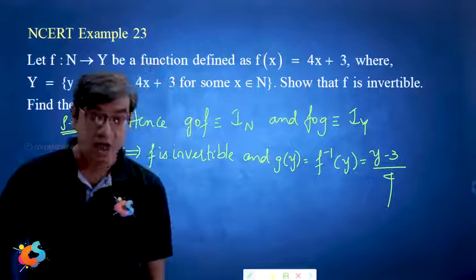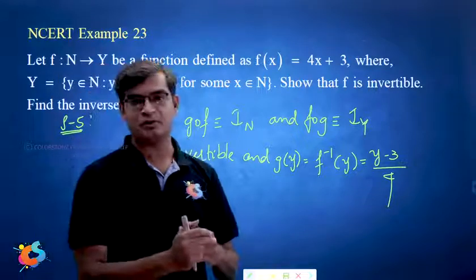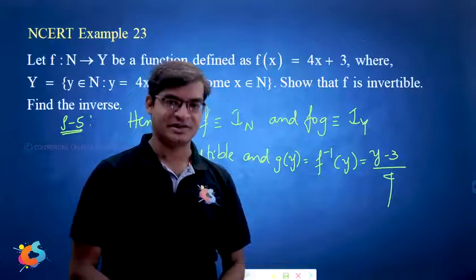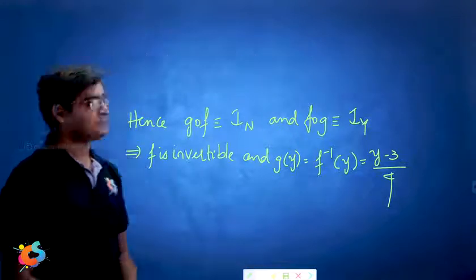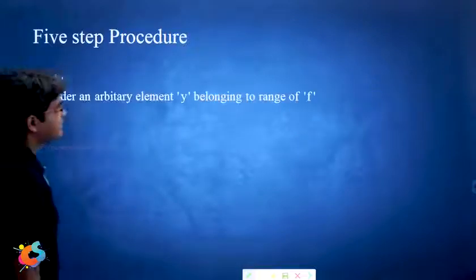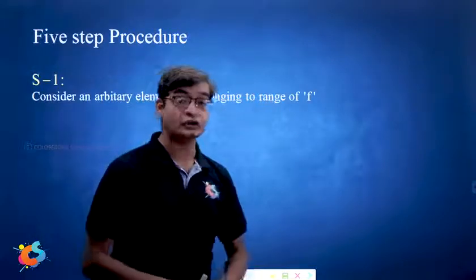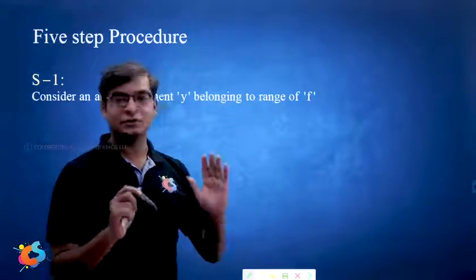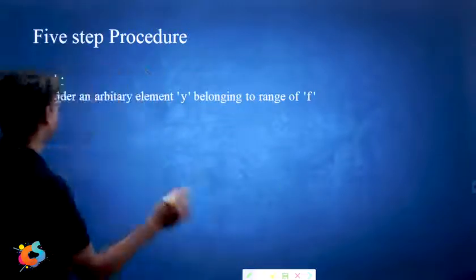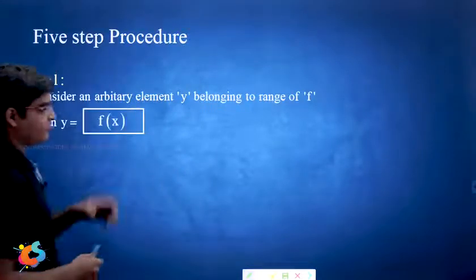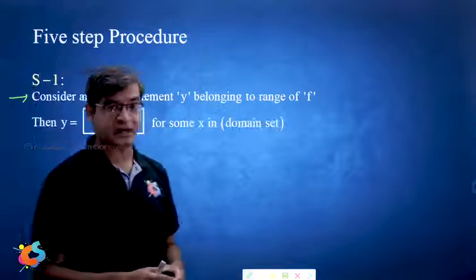So after that, whatever this g of y is will be our inverse function. Now let us write the step-by-step procedure, the 5 steps which have to be followed in all of the questions. Step 1. Consider an arbitrary element y belonging to the range of f. This is a common line in all of the solutions of inverse function. Then y is equal to f of x for some element x in the domain.